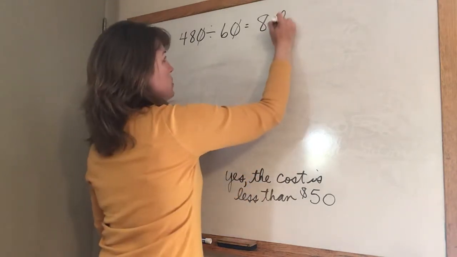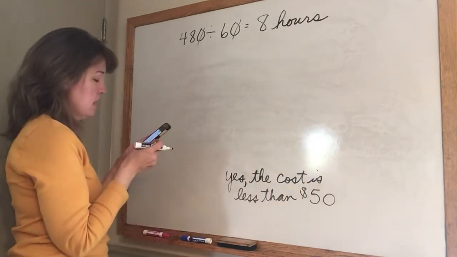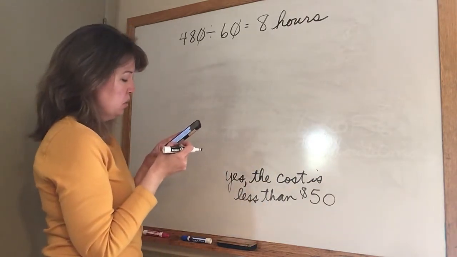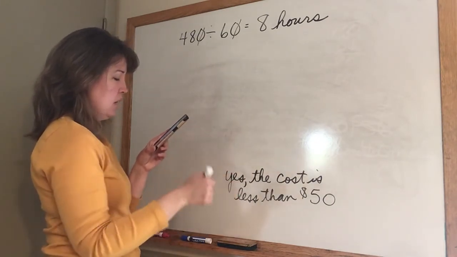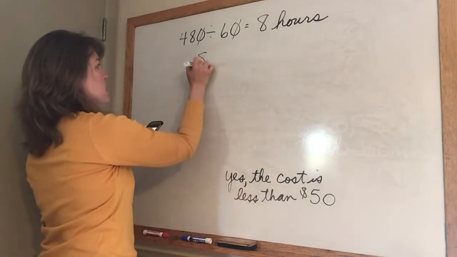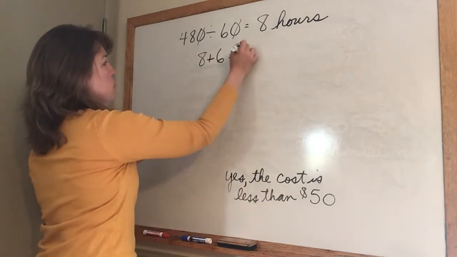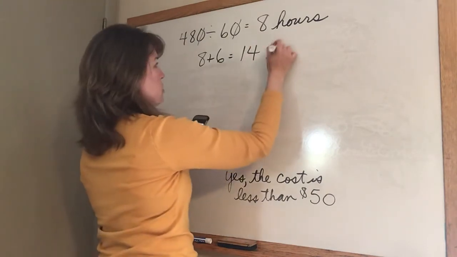So 8 hours. And then the total: 6 hours volleyball, 8 hours doing homework, so 8 plus 6 is 14. So 14 hours.